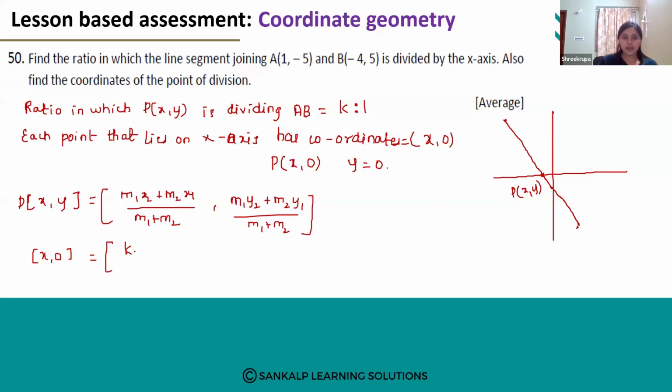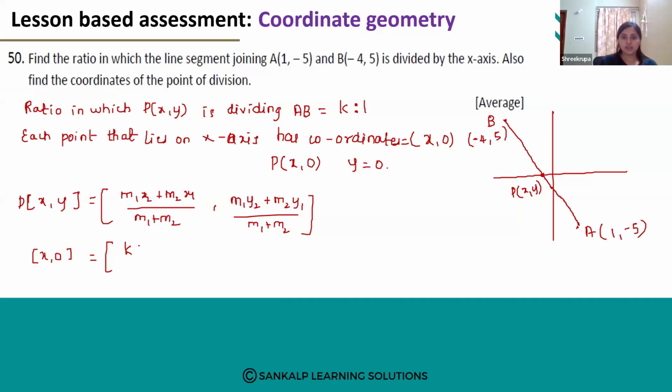m1 is k, x2 is, so let's take this as point B, (-4, 5), and A (1, -5).